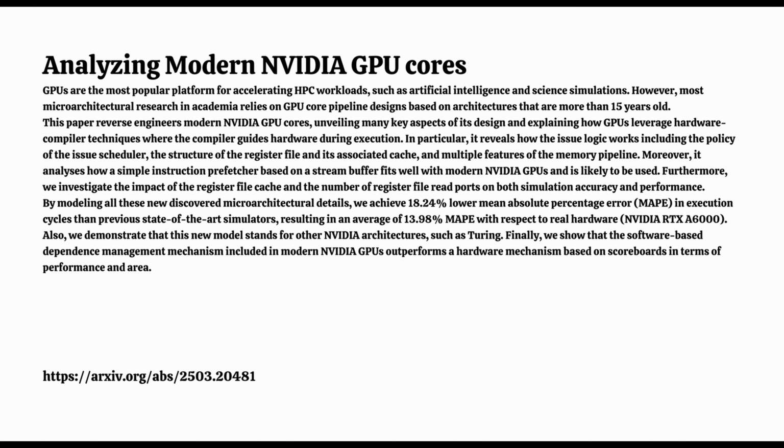Sort of, but modern NVIDIA GPUs, the ones they studied, rely much more heavily on the compiler. The compiler. So the software is telling the hardware how to manage dependencies. In essence, yes. The compiler embeds control bits directly into each instruction. These bits guide the hardware on register usage and timing, preventing data hazards. It's really a hardware compiler co-design approach.